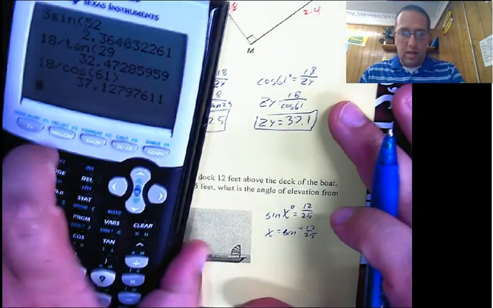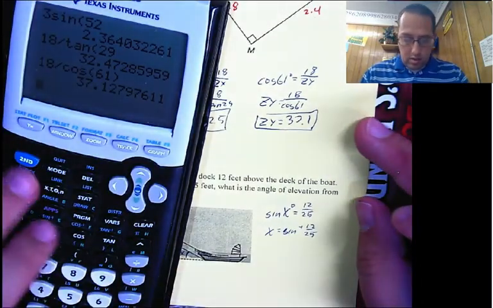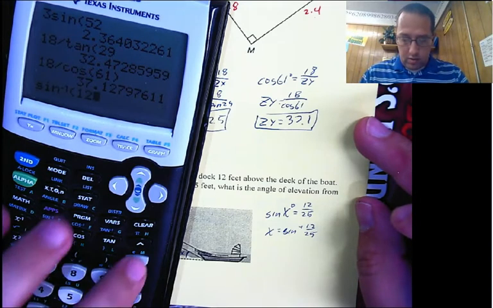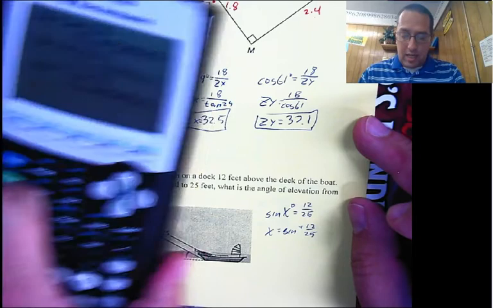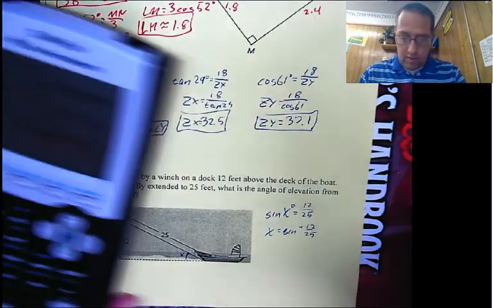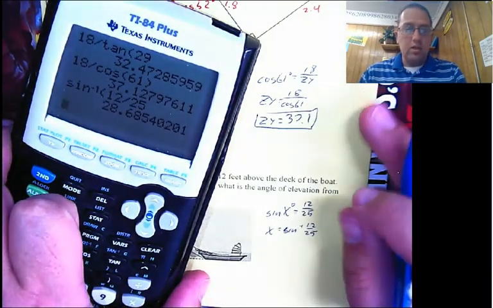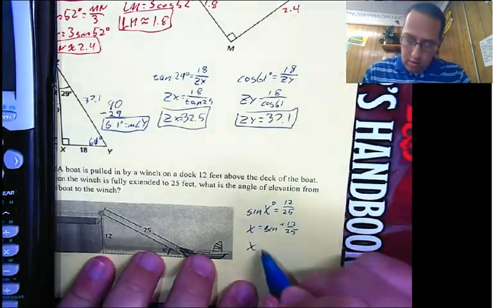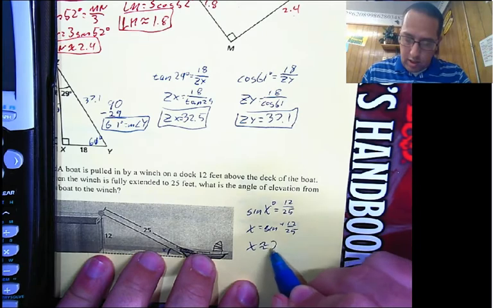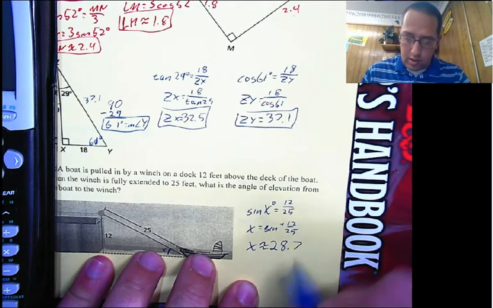So we'll see what that gets us. Sine inverse of 12 over 25. 28.68. Does it say what to round to? It does not. Everything else has been tenths, so we'll go with tenths. So we'll say 28.7 degrees. So x is approximately 28.7.